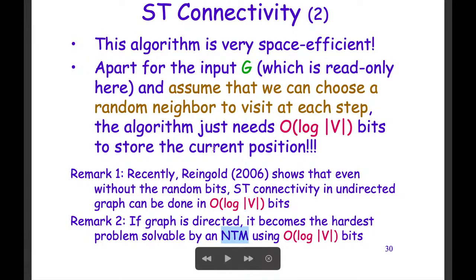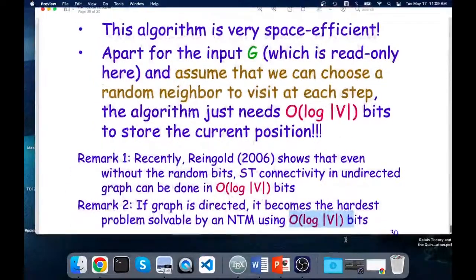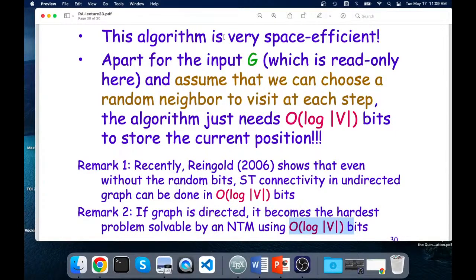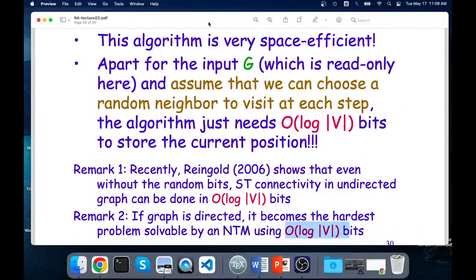So here, directed ST connectivity is the hardest problem that we can solve by using a non-deterministic Turing machine with only this space complexity. Okay, I think that's all for today. So we are ending now.